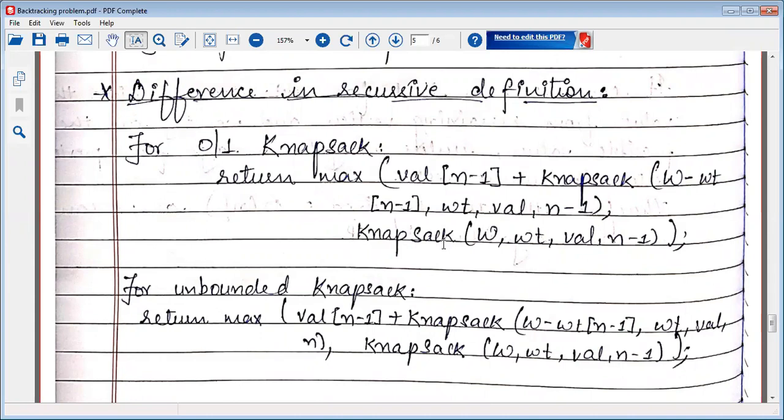When I select one article, next time there is no way of getting that article again. But when we talk about the unbounded knapsack problem, if a particular item is present, I can take multiple copies of it. So the input now iterates on either n minus 1 if you reject an article, or it iterates on n articles because you are going to have multiple instances.